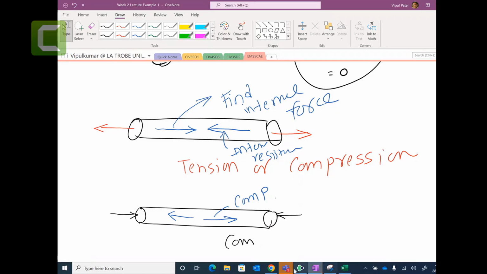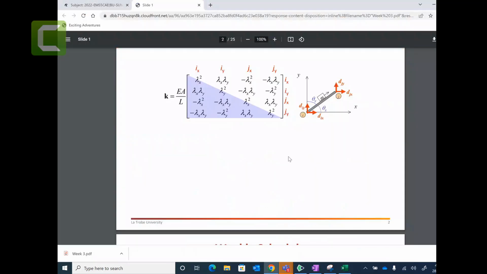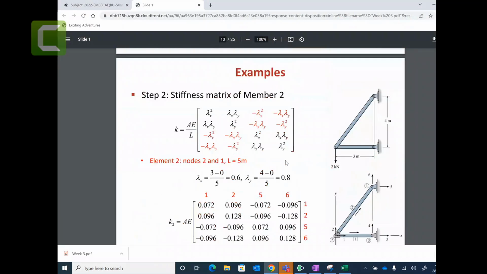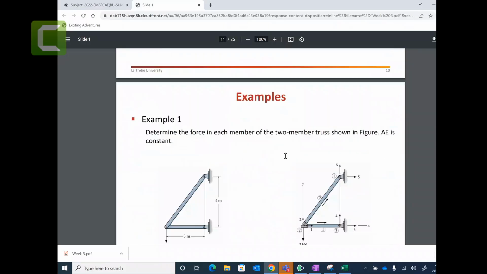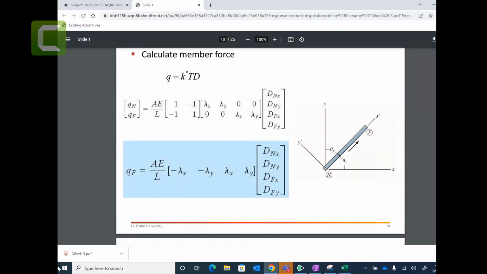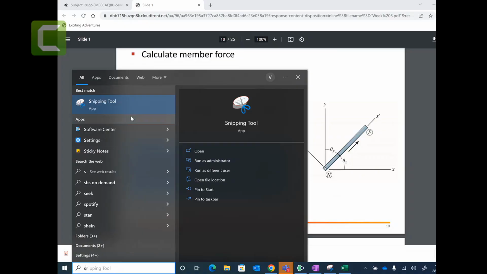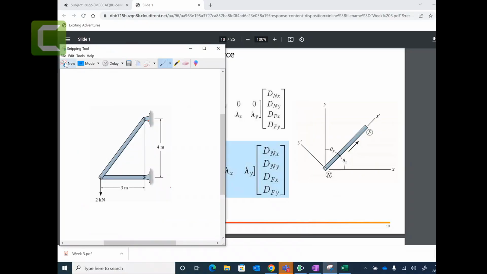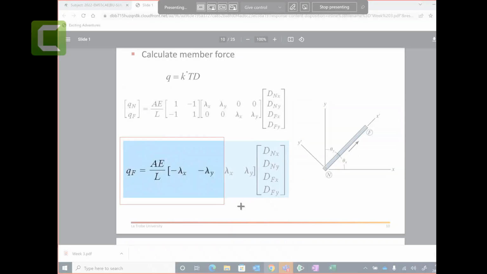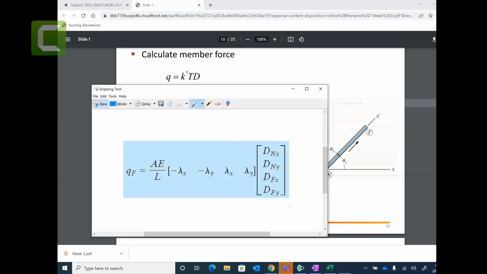The equations that we need, we did not put it there. So let me go and find that equations. There you go. That is the equation to find the internal force. And we don't know whether it is in tension or in compression. I will tell you when it comes to the story.